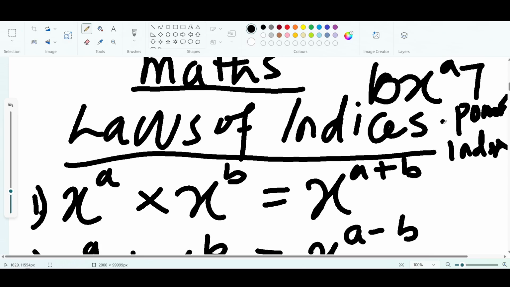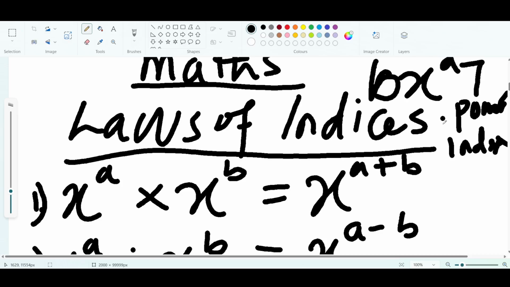What these laws are telling us is how to multiply and divide them. We must always apply them whenever we see them in a mathematical expression. So the first one of these laws is x raised to power a times x raised to power b.